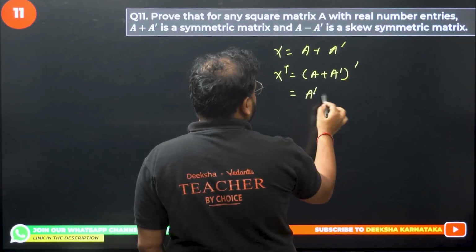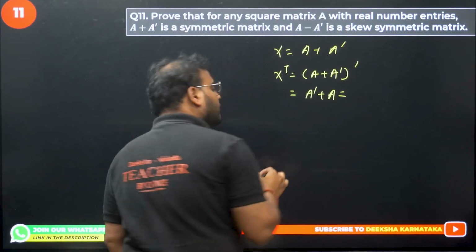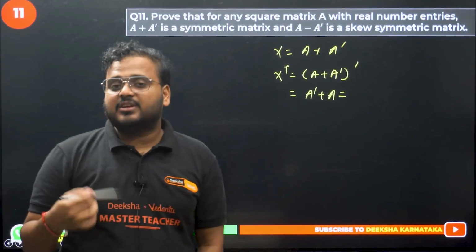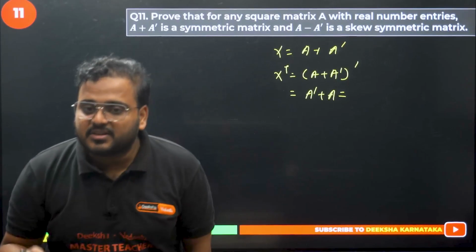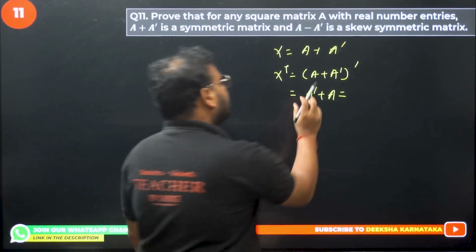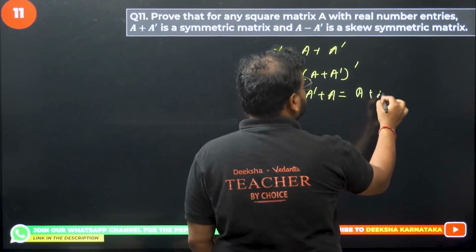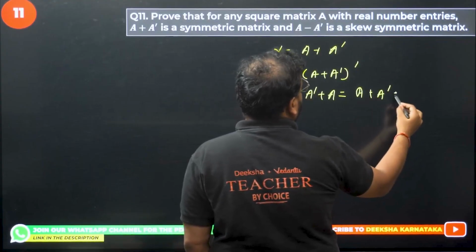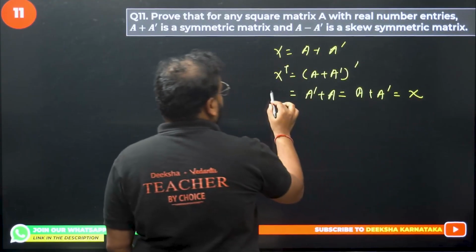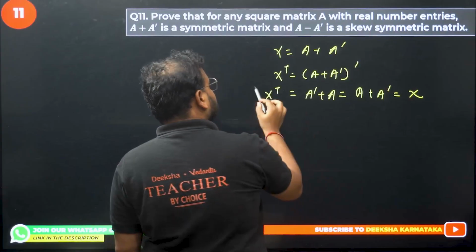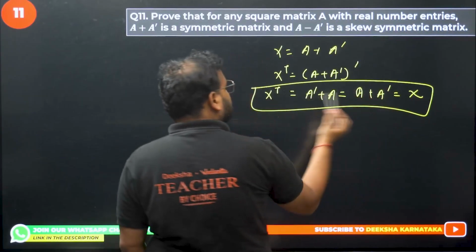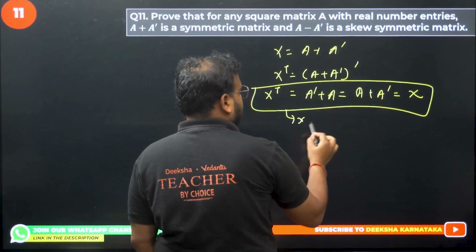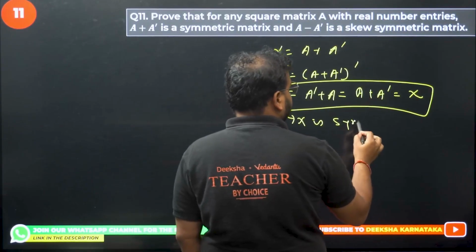You'll end up with A transpose plus A. We all know matrix addition is commutative in nature. So I can write this as A plus A transpose. This is nothing but the matrix X. So I'm getting X transpose equals X. It means X is symmetric.